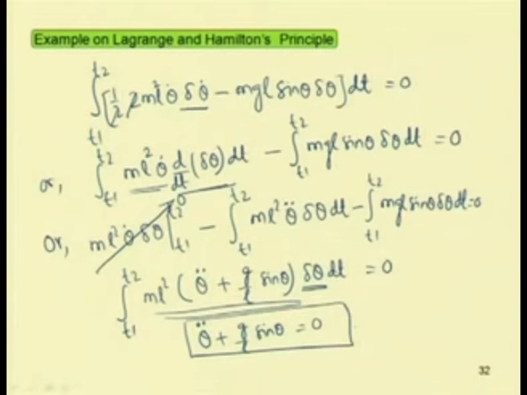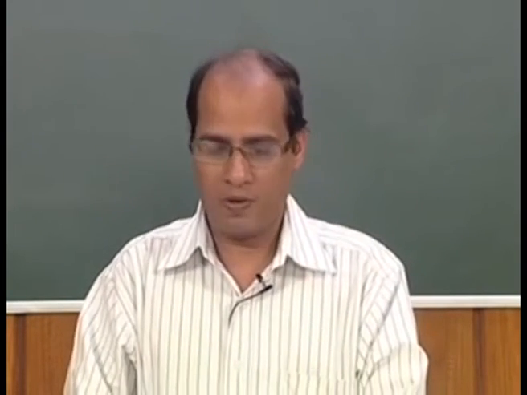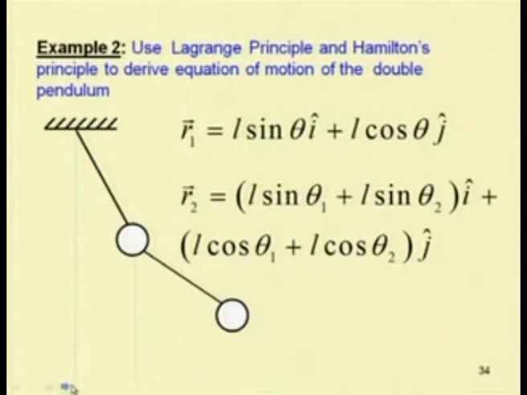So, in this way one can use either Lagrange principle or Hamilton principle to derive the equation of motion of a system. So, let us see that for a double pendulum now. Previously we have seen a single degree of freedom system, but now let us take a 2 degree of freedom system. In this case let us take both lengths the same, but the masses different.